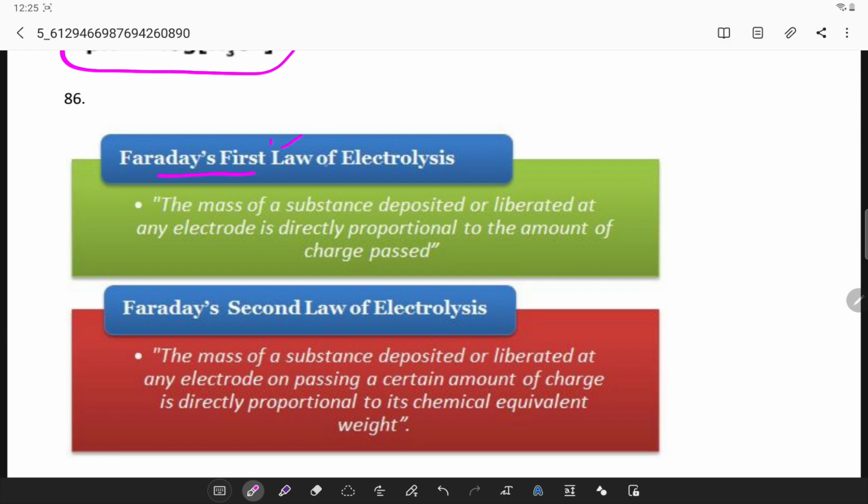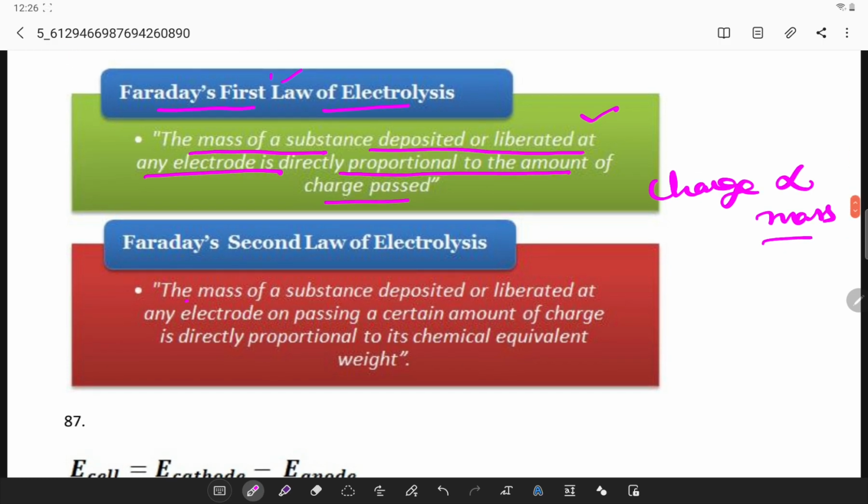Faraday's first law of electrolysis: the mass of substance deposited or liberated at any electrode is directly proportional to the charge. Next, the mass of substance deposited or liberated at any electrode by passing a certain amount of charge is directly proportional to the chemical equivalent weight. So weight will also be proportional to charge.